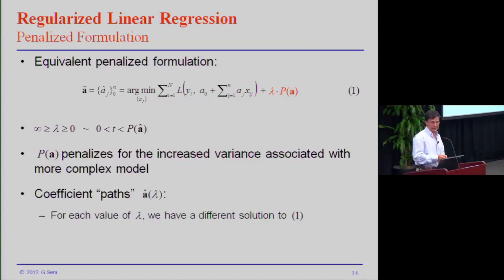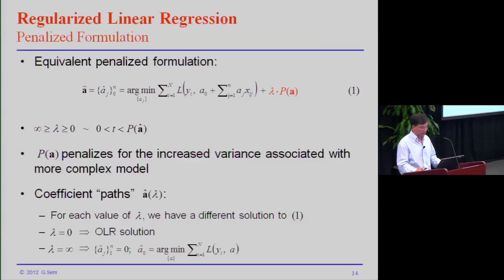Notice also that for different values of lambda, we obtain different solutions. As I mentioned earlier, if lambda is equal to 0, there's no regularization, and we have the ordinary linear regression coefficient estimates. And if lambda is equal to infinity, we have maximum regularization, and only the intercept term, A0, which is often outside of the penalty, is the only model that we obtain.